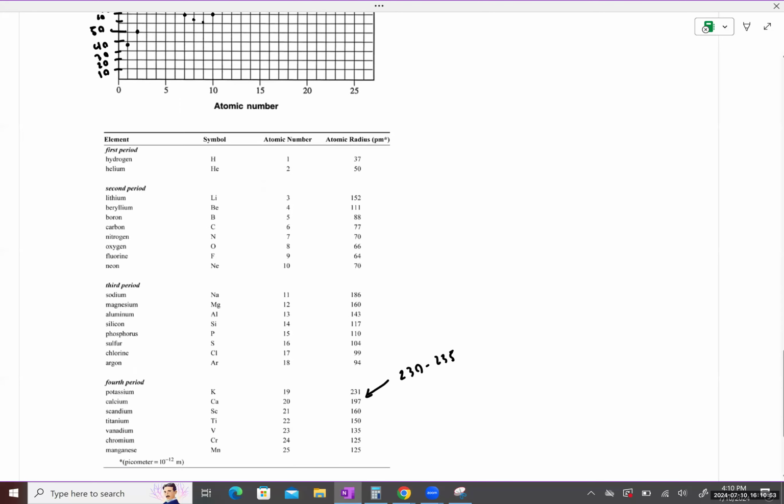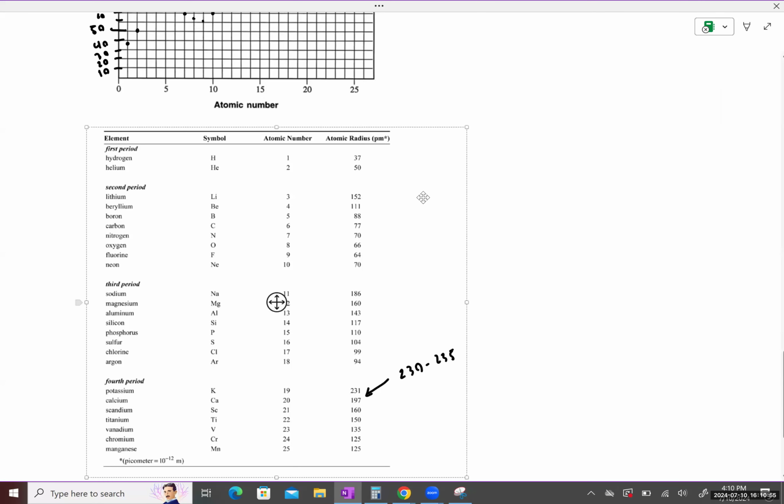Okay, let's finish up this graph. So we have calcium, scandium, titanium, vanadium.